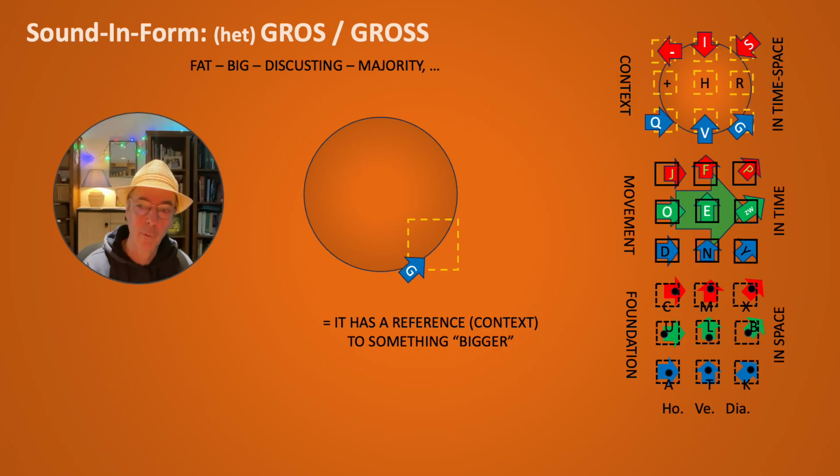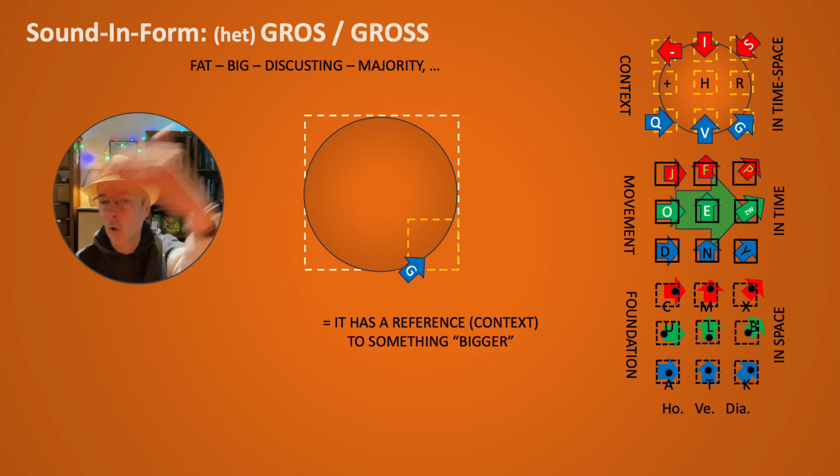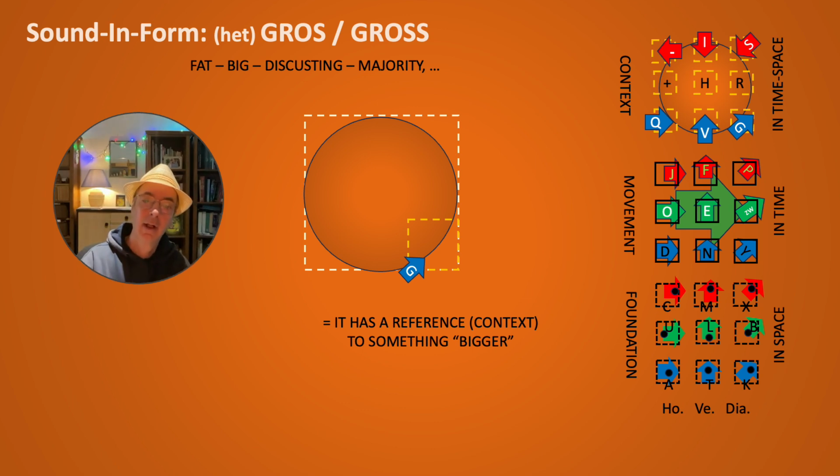So we have a reference of a context, a structural context, which goes towards what is bigger, and that is already the essence of that word, just simply by making it start from G. And so here is the full structure, and it goes towards a bigger structure.